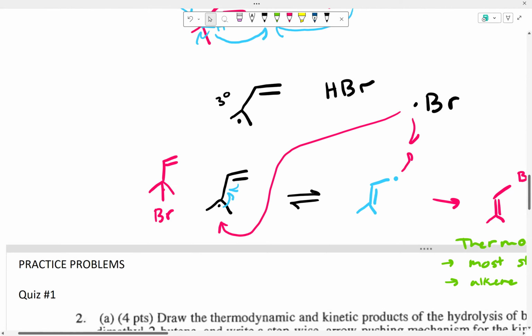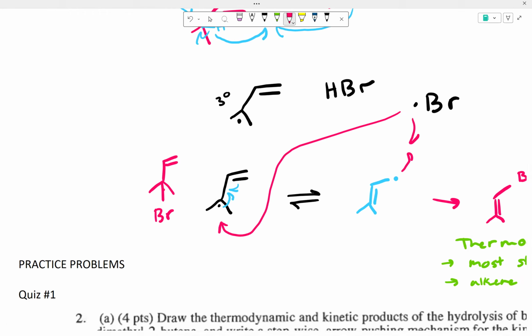Next we have the bromine, right? The bromine addition on the left. This one we added to a tertiary radical. Tertiary radical is the most stable intermediate compared to the one on the right, which is a primary radical.